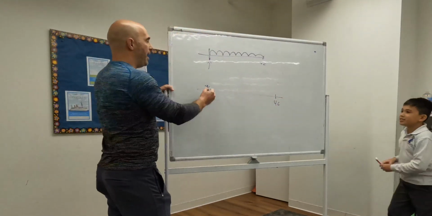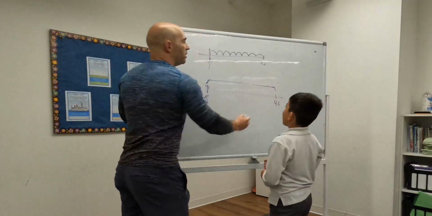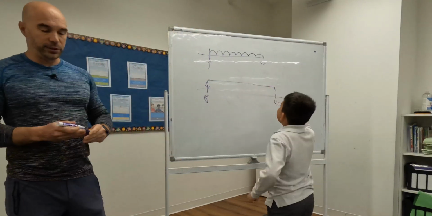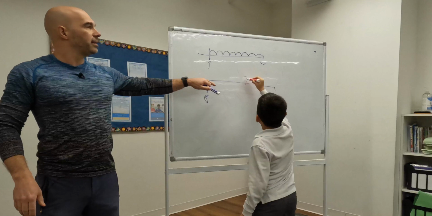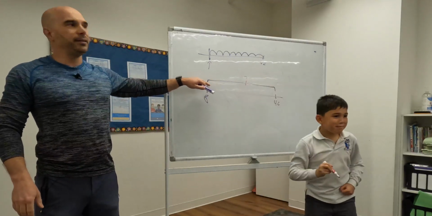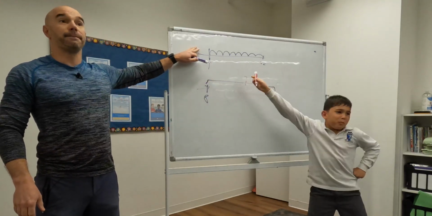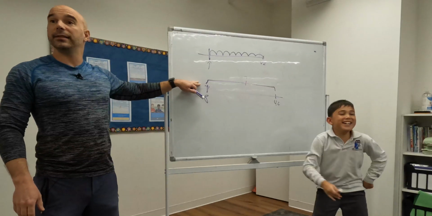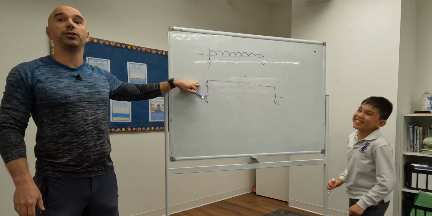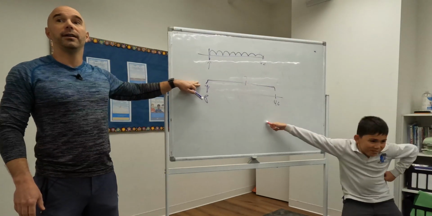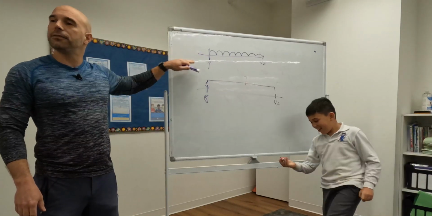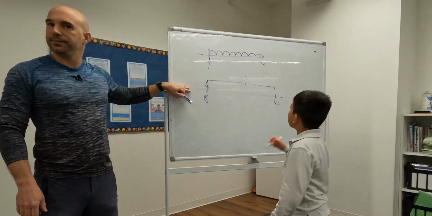And we could ask, how many years from 8 to 42? You see, it's going to give us the same answer, but it's a different way to think about it.